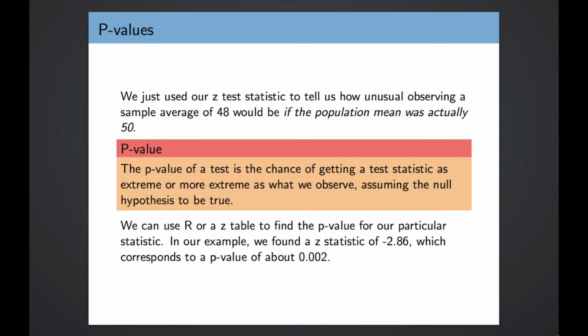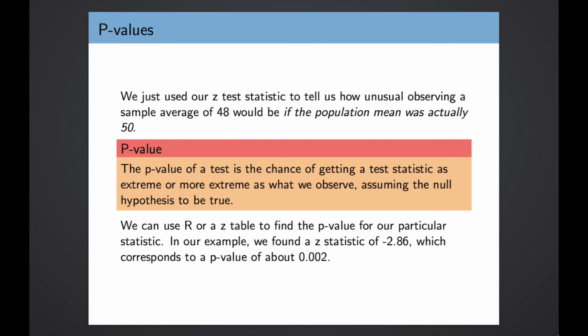A p-value of a test is the chance of getting a test statistic as extreme or more extreme than the one that we observed, assuming that the null hypothesis is true. So conceptually, if the null hypothesis is true, how likely is it that we would have observed the data that we observed?